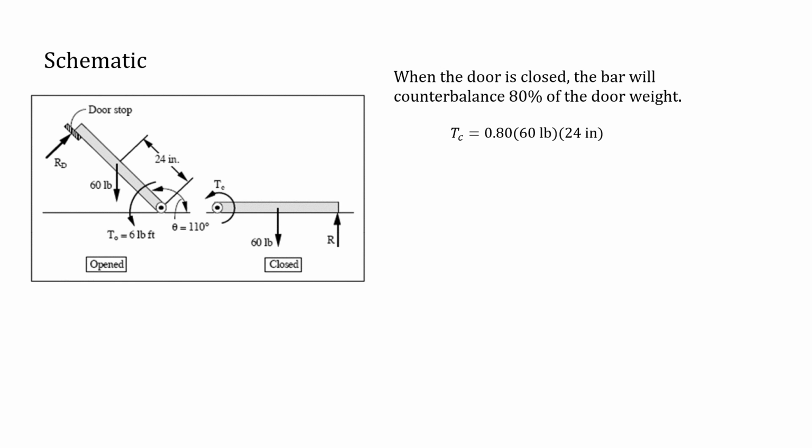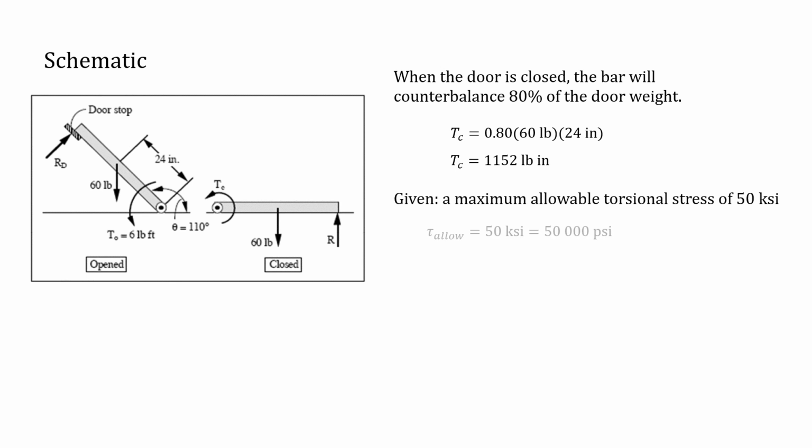If you multiply that by 80%, you have that your torque closed is 1,152 pound-inches. We're also given that our maximum allowable torsional stress is 50 KSI. We're going to call this shear allow, or torsional stress allow. And I'm converting this to PSI just because we're working in pound inches.